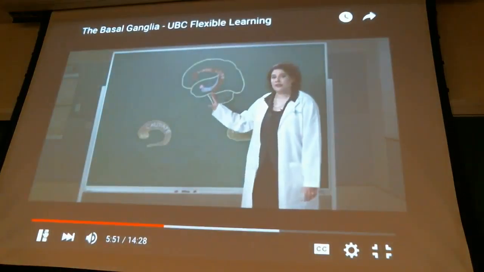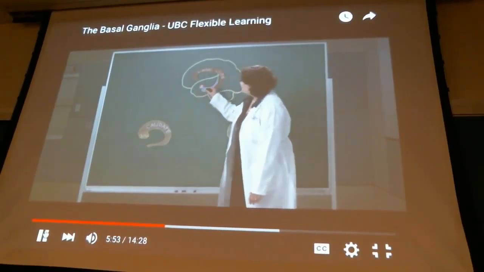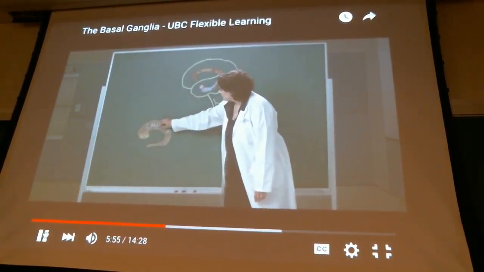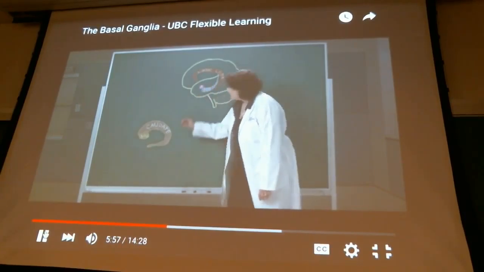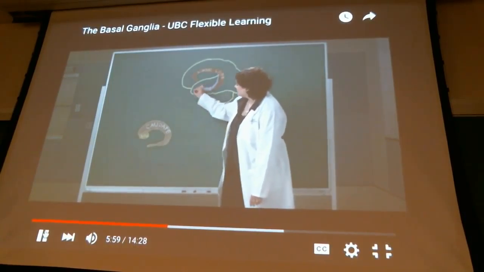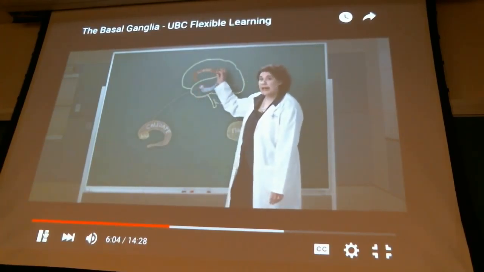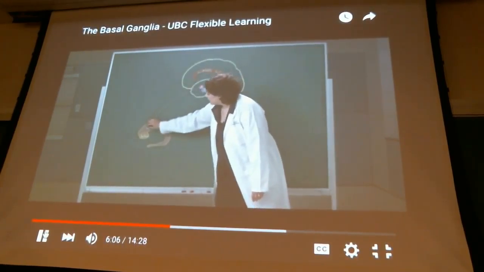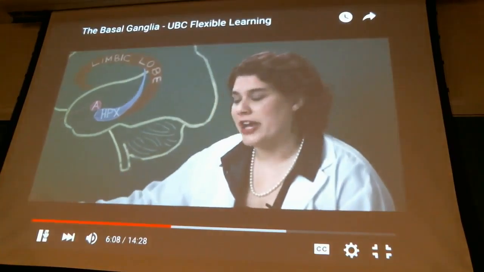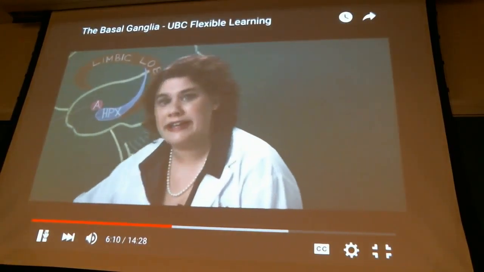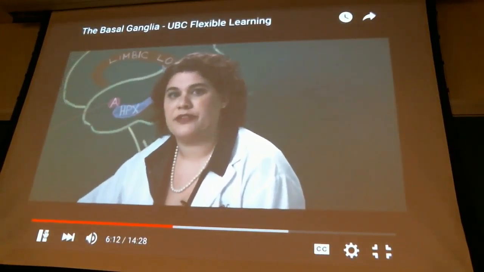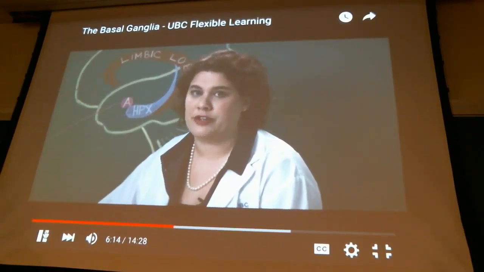In the limbic circuit, the hippocampus, the amygdala, and the limbic lobe all project to the caudate nucleus, and again, the nucleus accumbens with its dopaminergic projections.